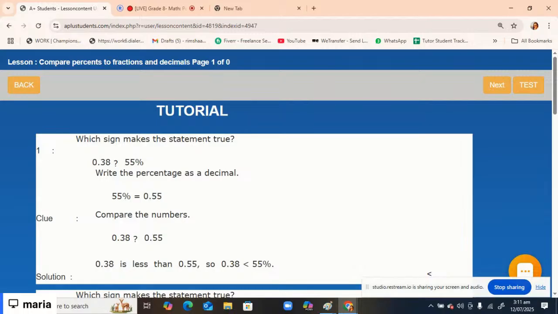Okay, now solve this one. Now you guys try to solve this one and then tell me.